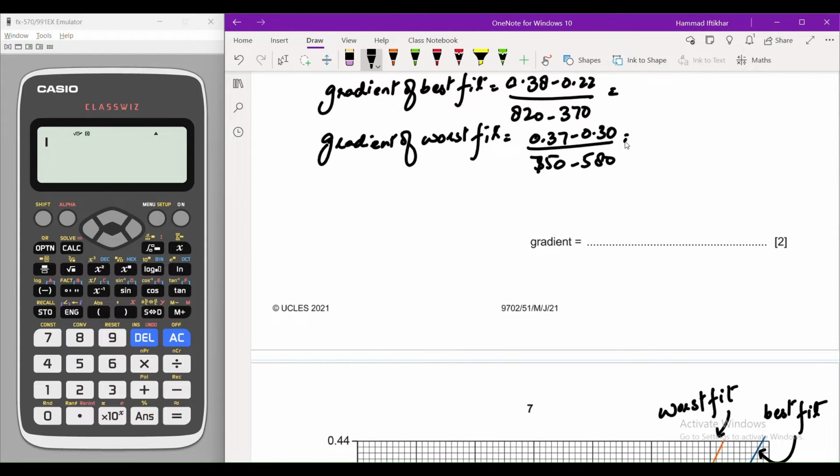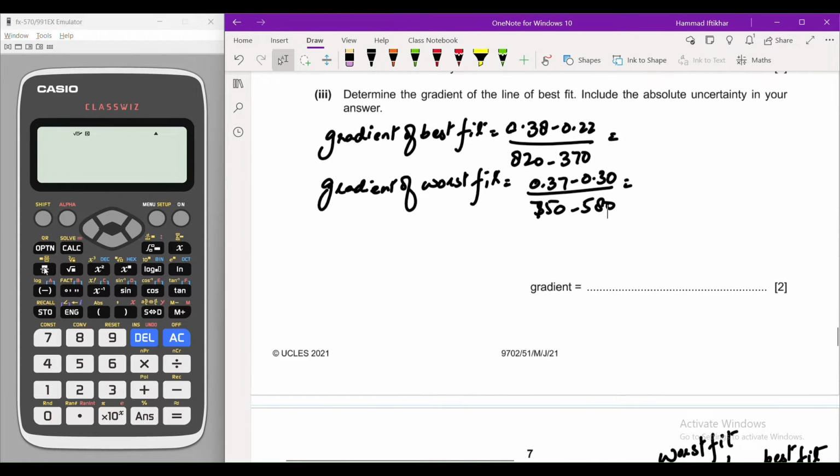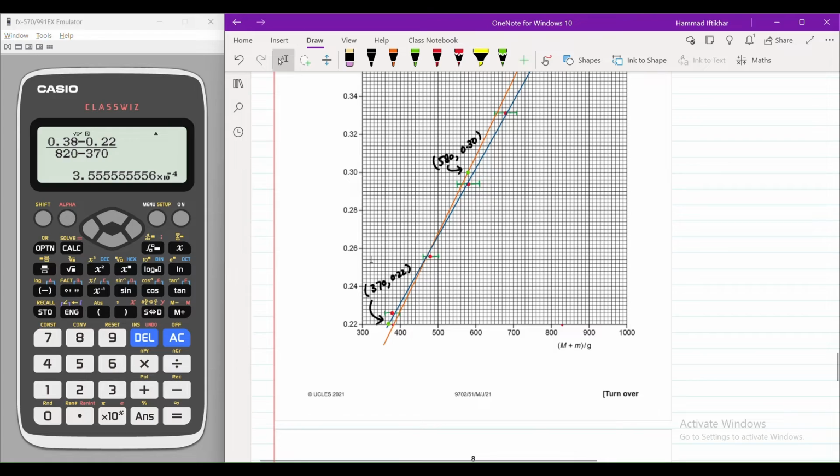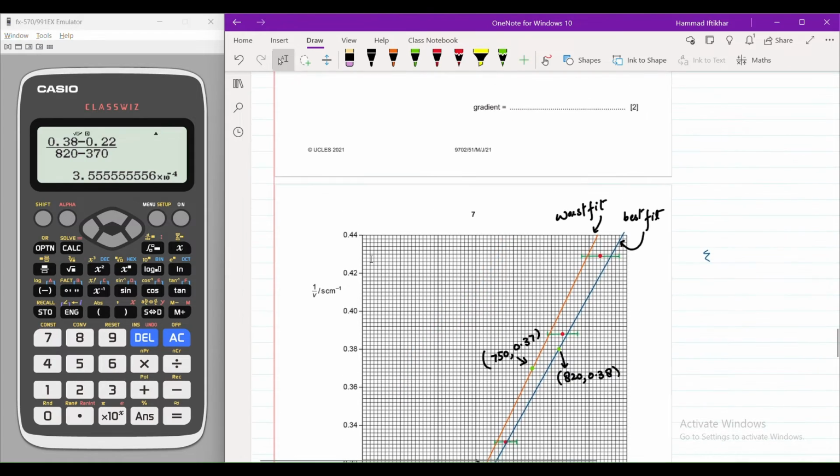Okay, let's calculate them. So we have 0.38 minus 0.22 divided by 820 minus 370. We get 3.556 times 10 raised to the power minus 4. And for this one, wait, this was in centimeters.